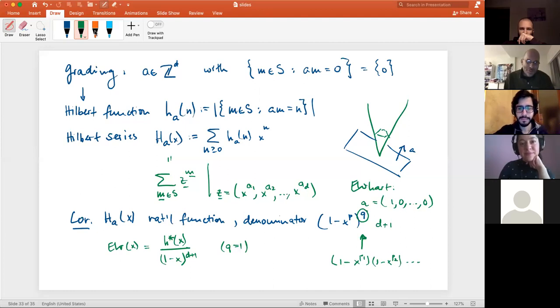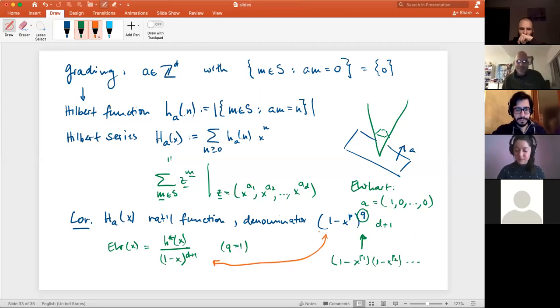There's a reason why I wanted to write it like this: I wanted to make the connection to what we saw with Ehrhart series. Alessio is quite right. In the Ehrhart case, this is more or less always in lowest terms, at least if d is the dimension of your polytope.